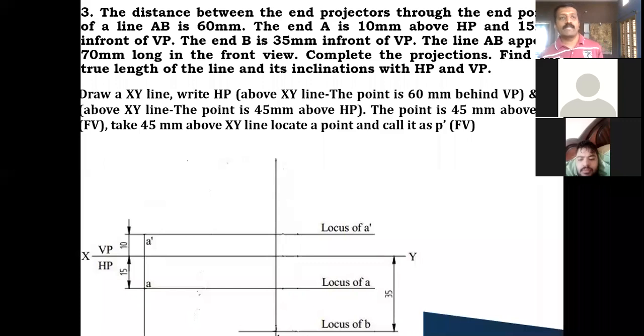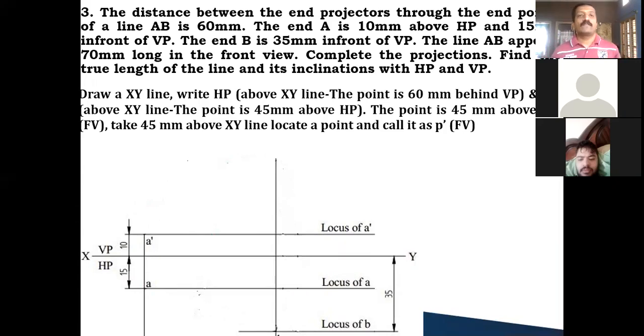Similarly, it is 15 millimeter in front of VP. You take 15 millimeter below the XY line and draw a horizontal projector line, and call that the locus of A in the top view. Already point A dash you have marked. Draw a vertical projector from there, wherever it cuts the 15 millimeter line, this is your point A. So both points A and A dash we have fixed.